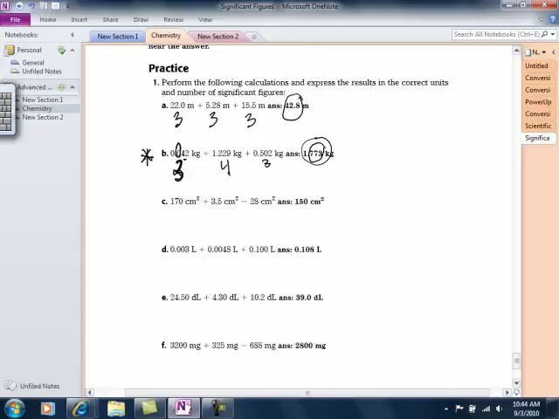Wait, so why is it 0? This one? Yeah. Because if it's there, then I measured it. Okay, but we can go back to the may or may not be rule.